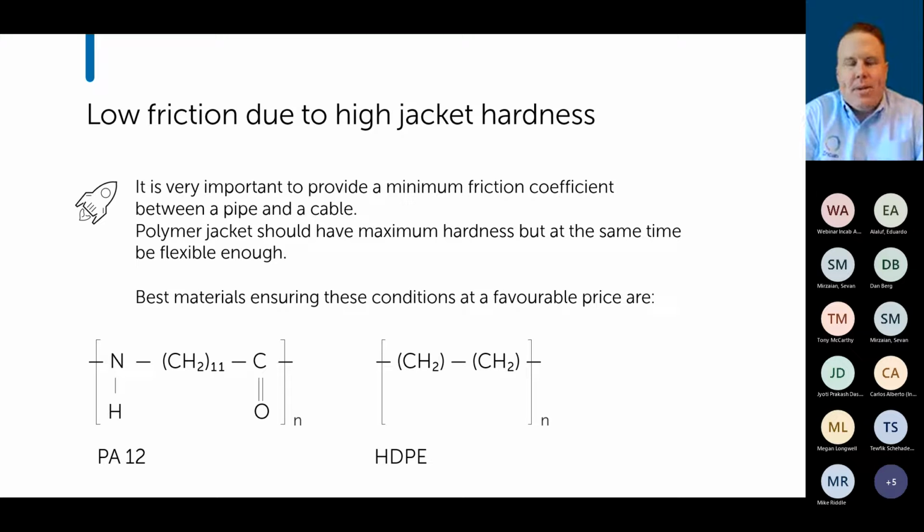A standard cable is typically going to run with a medium density polyethylene or an MDPE. What we're going to do on a micro cable is bump up to a high density polyethylene, or we'll use a polyamide, or a PA is what I'll probably refer to it as for the rest of the presentation. So we're going to go with those two types of material to help lower the friction, again, between the cable and the inner duct bank.